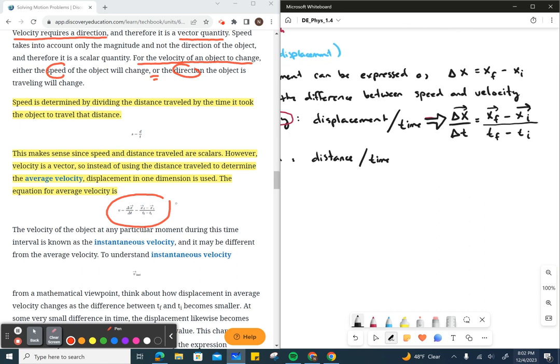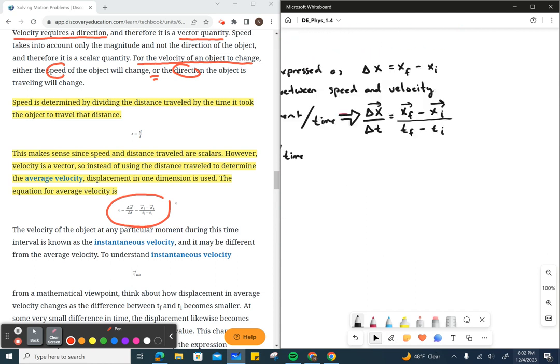And again, don't forget the delta, these little triangles. That means a change in dot, dot, dot. A change in position, delta x, a change in time, delta t. All right? Okay.